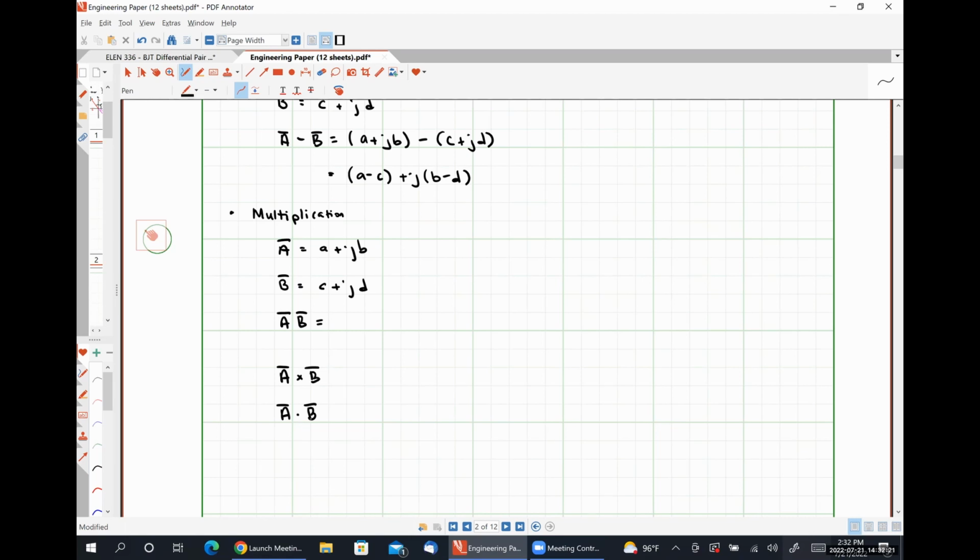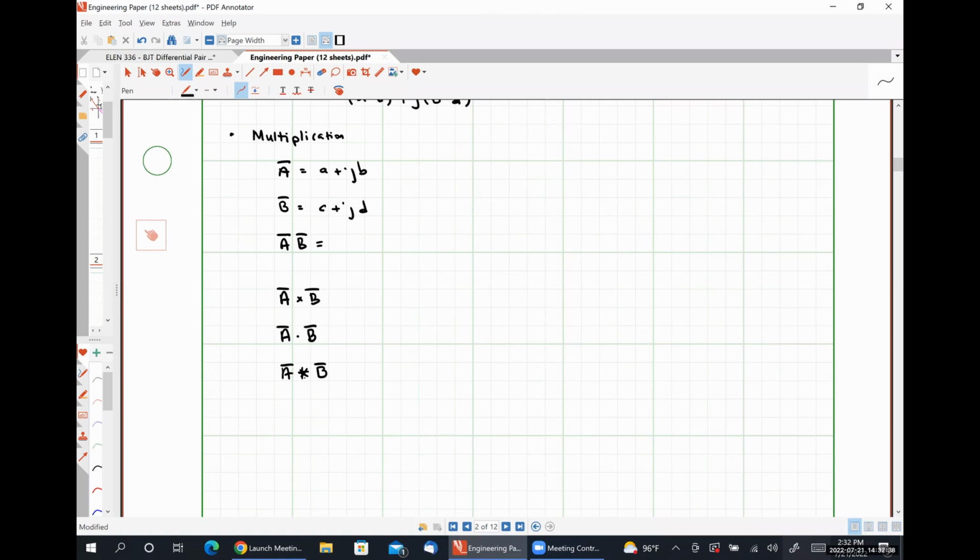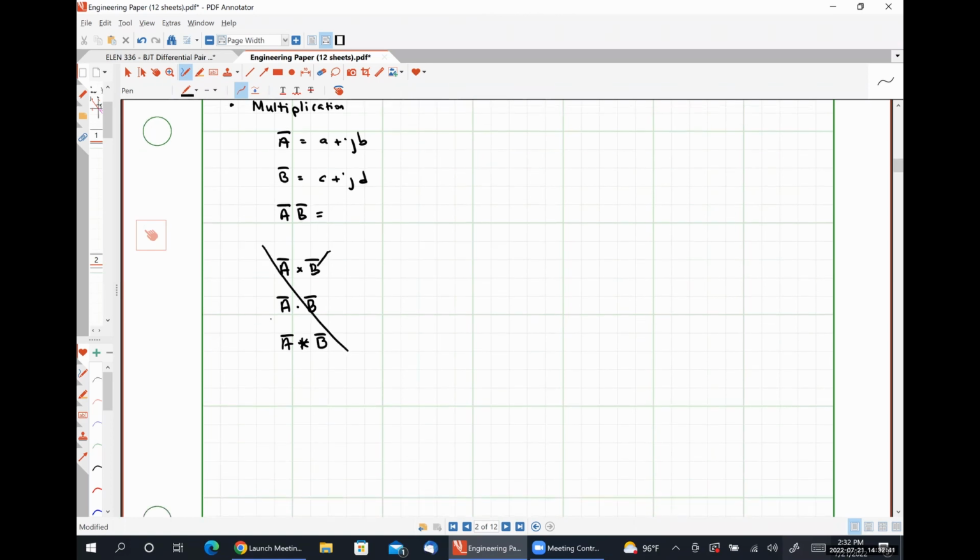a dot product operation. Another thing that you may see would be something like A and then asterisk B. Well, that would be too confusing with our conjugate operation, okay? So all of these are very, very bad and I will not use them.